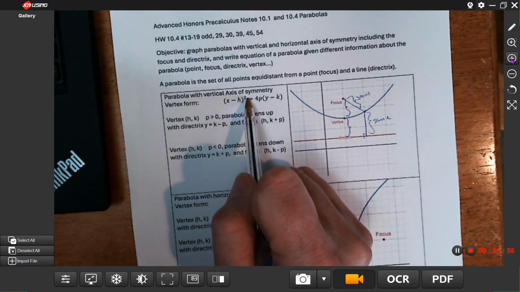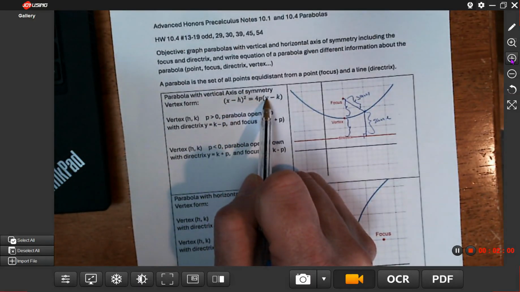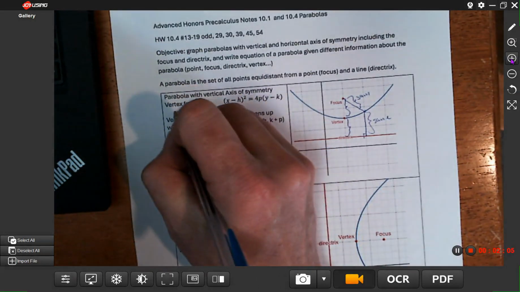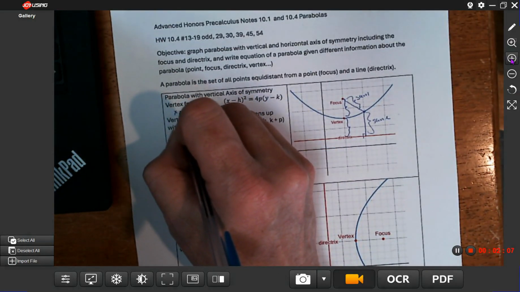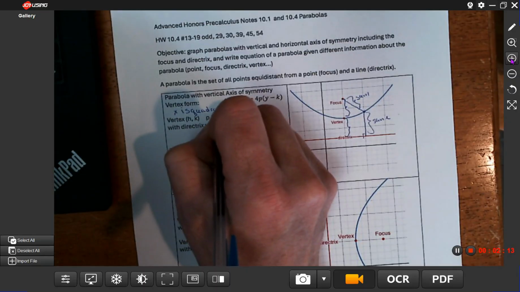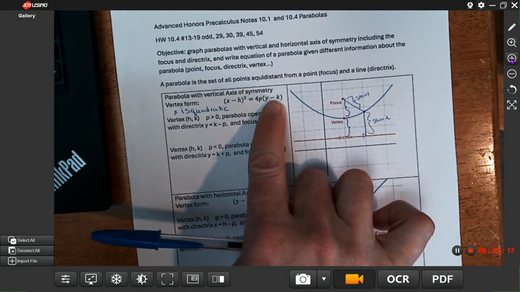So notice the x terms are quadratic and the y terms are not. So again, notice x is quadratic, meaning squared. And the y's are not quadratic, they're linear.